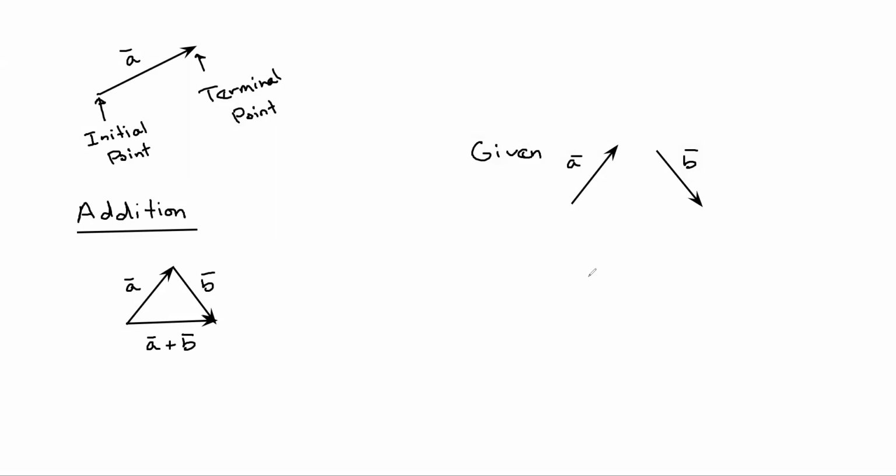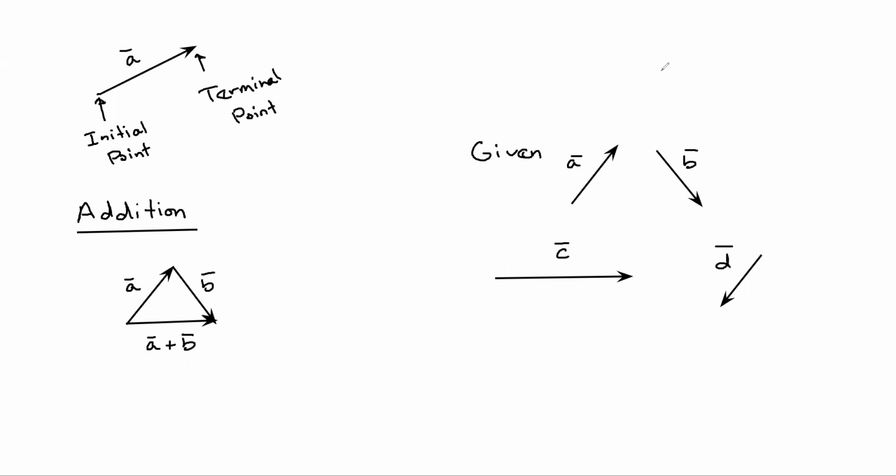Let's do one more example, and create a couple more vectors. Let's say this is vector C, and let's do this as vector D. In that case, what would C plus D be?